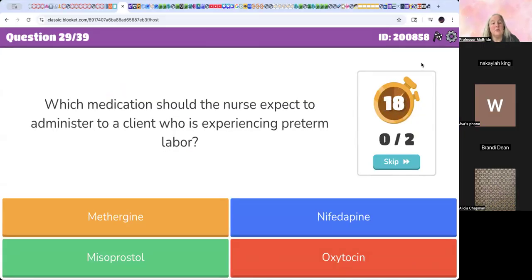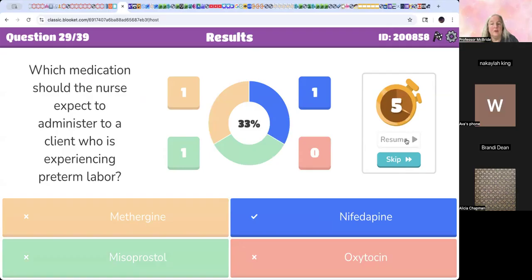Which medication should the nurse expect to administer to a client who's experiencing preterm labor? Okay. Preterm labor, we want tocolytics, right? Indocin, nifedipine, magnesium, terbutaline.